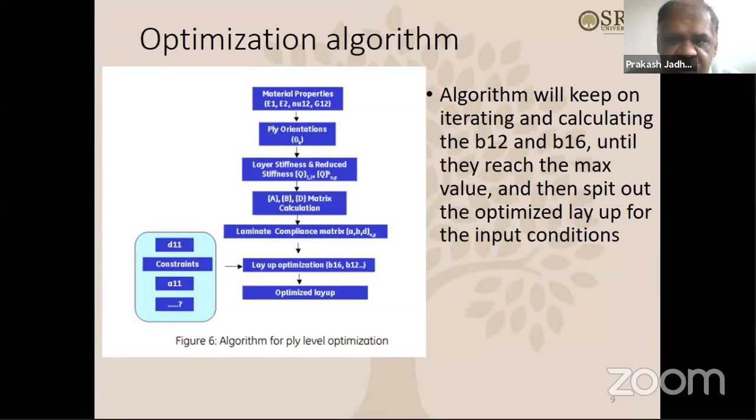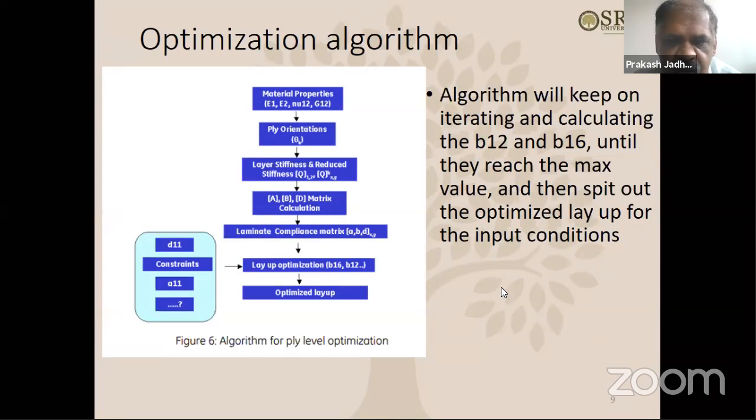Our algorithm says B12 and B16 have to be maximized by changing the layer orientations. Then it keeps on iterating for many iterations and tries to maximize this B12 and B16. Finally, after a lot of iterations, it will spit out the optimized layup for maximum B12 and B16. This is what the algorithm is, just written in MATLAB.